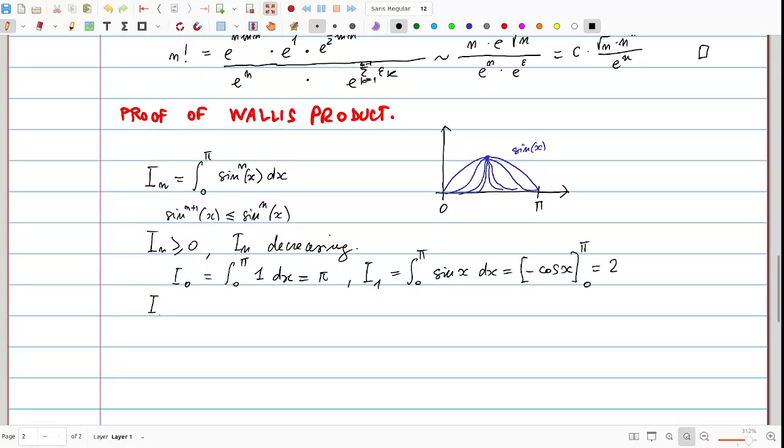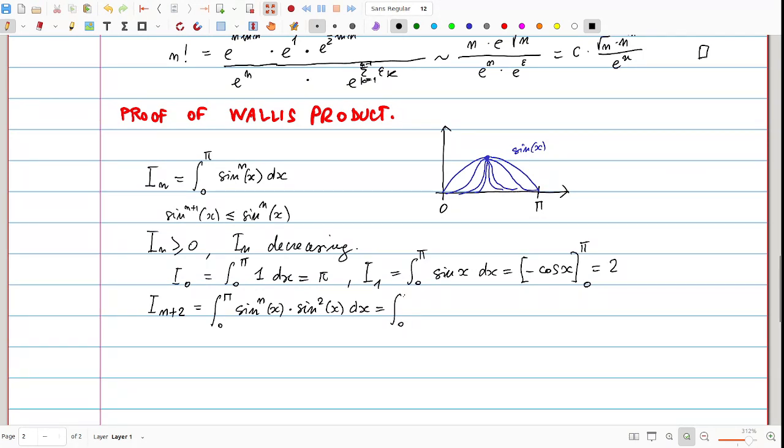And in general, if you want to find I(n+2), for example, this is equal to the integral between 0 and pi of sine to the power n plus 2, which is sine to the power n, times sine to the power 2.